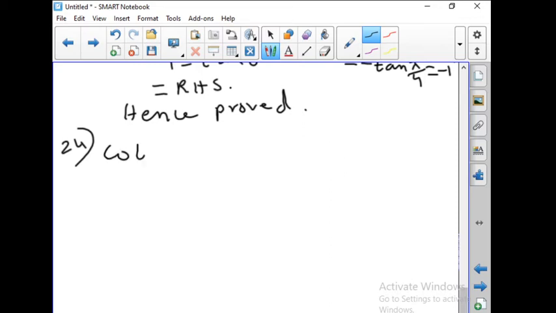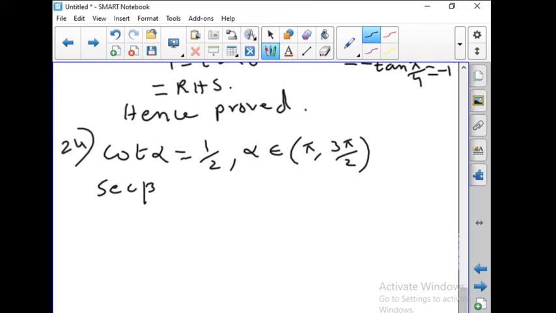So cot alpha is equal to 1 by 2 and alpha belongs to pi comma 3 pi by 2, that is the third quadrant, and secant beta is equal to minus 5 by 3 where beta belongs to pi by 2 comma pi. That is the second quadrant.